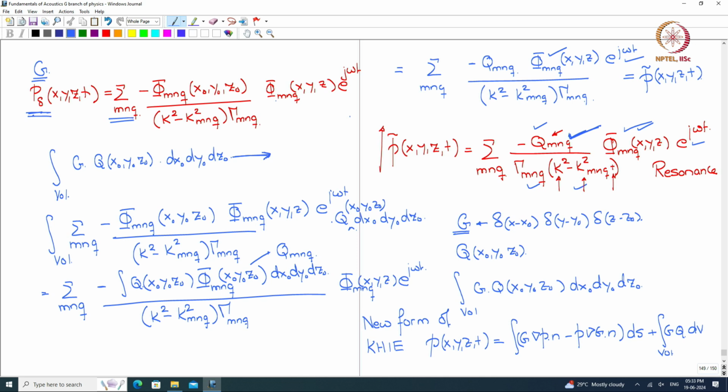This g has terms which extend from x0, y0, z0, the source points, to x, y, z, the receiver points. And then q is composed of the source points.